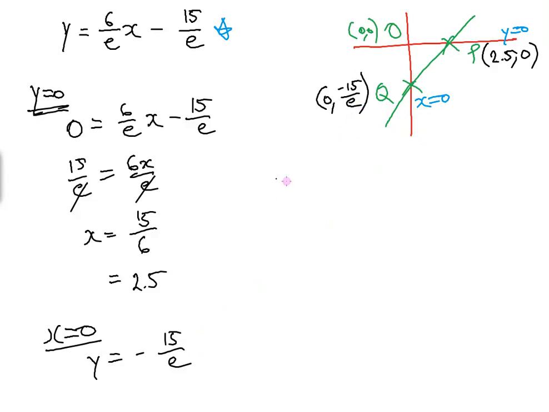Right, so now we just have to find the area of triangle OPQ. Well, what's this distance here? This distance is 2.5 or 5 over 2 units. This distance here is, well, I know this is a negative, but the distance then is going to be 15 over e units.